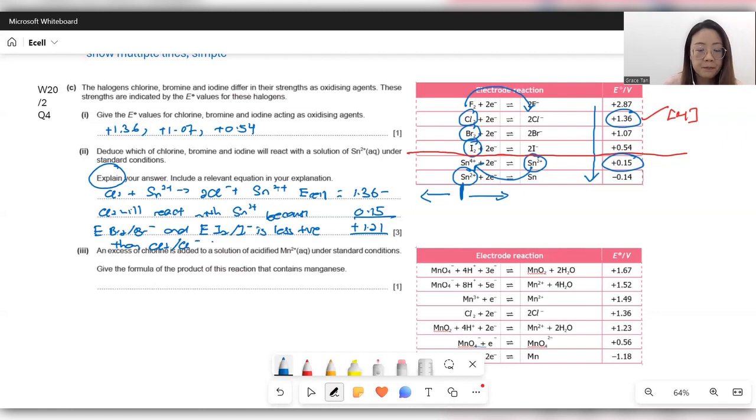That's it. Okay, now, number 3, an excess of chlorine is added to a solution of Mn2+. Understand the condition. Give the formula of the product of this reaction that contains manganese.